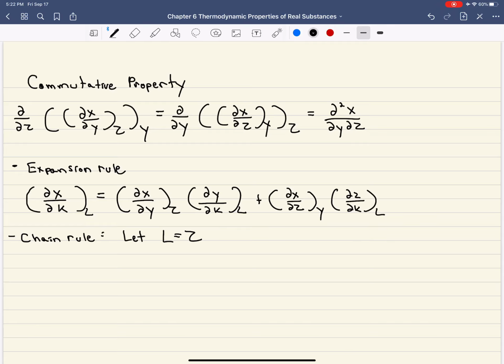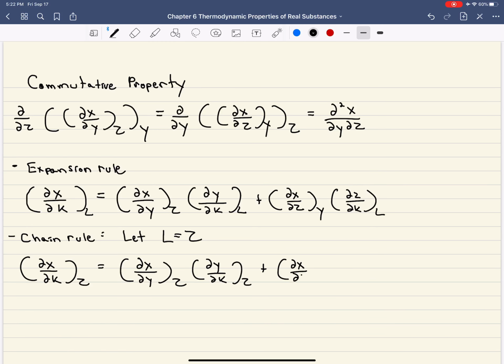All right, and so if we rewrite the expansion rule following this new constraint, what we have is dx dk constant z is equal to dx dy constant z dy dk constant z plus dx dz constant y and then dz dk at constant z.